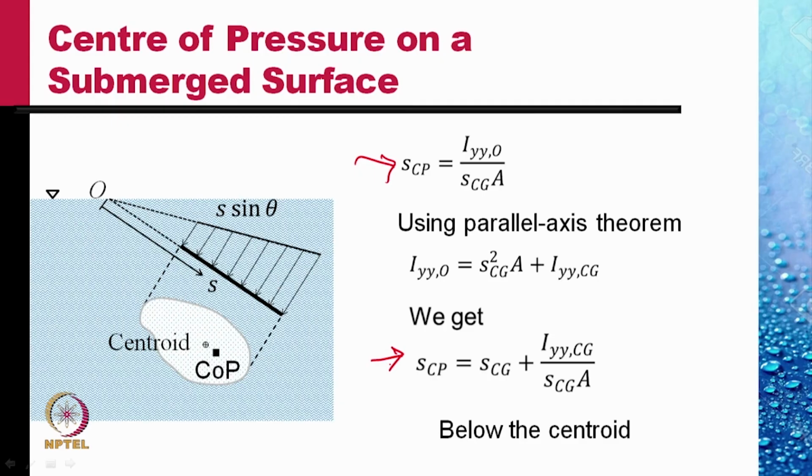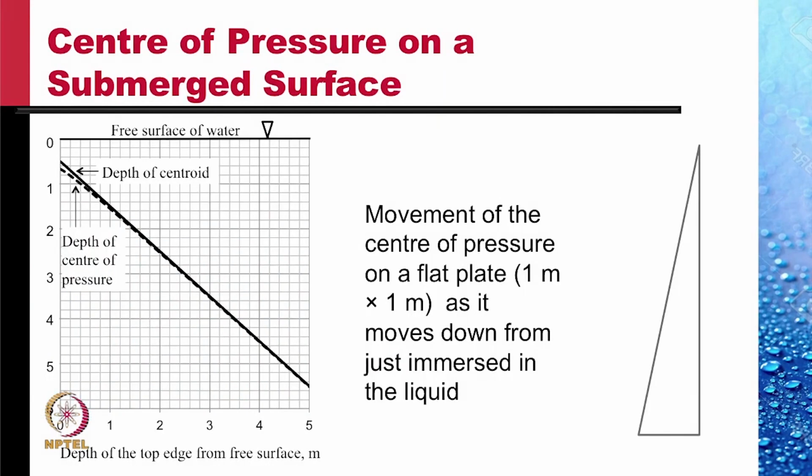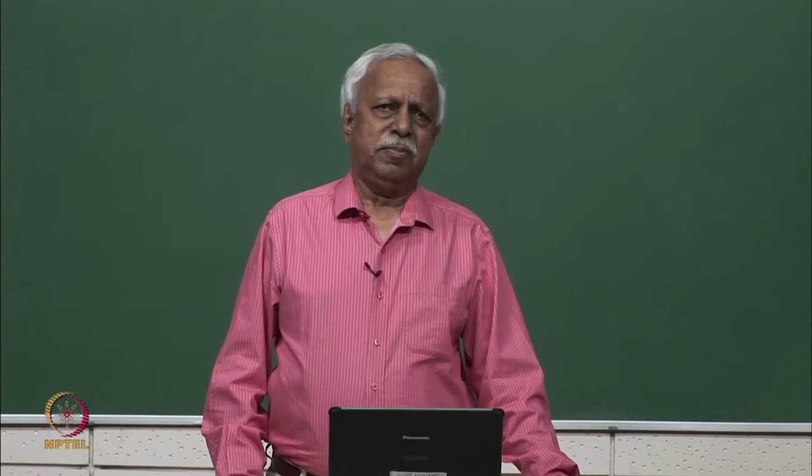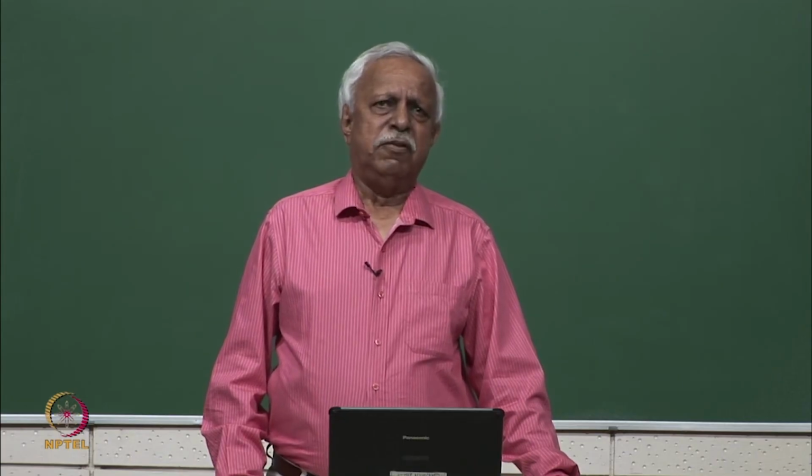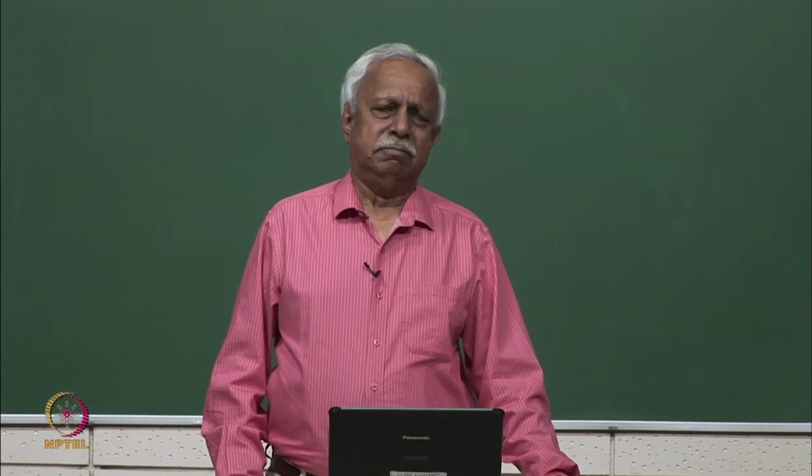But this distance between the centroid and the center of pressure decreases as SCG increases. For a depth of about 2 meters, the depth of the center of pressure is almost at the same location as the depth of the centroid, if the top edge of the surface is more than 2 meters from the free surface of water.